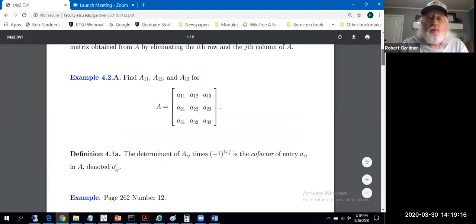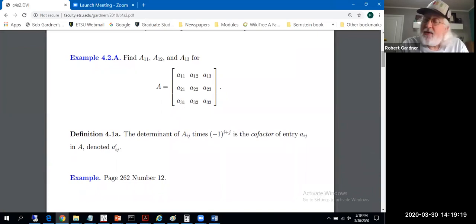Okay, we're going to use those minor matrices to recursively define the determinant of an n by n matrix. So first we're going to define a thing called a cofactor. Lots of definitions, eh? The determinant of minor matrix capital A sub ij times -1 to the i plus j is called the cofactor of the entry lowercase a sub ij in the original matrix, and it's denoted lowercase a sub ij prime.